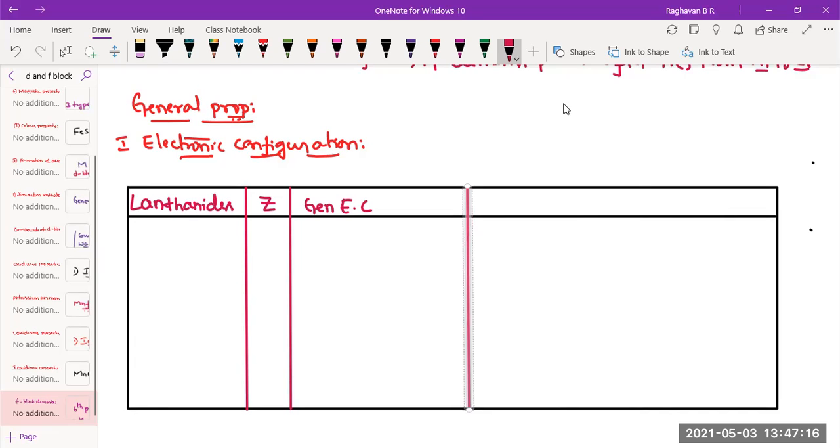Similarly, actinides, atomic number, and general electronic configuration.